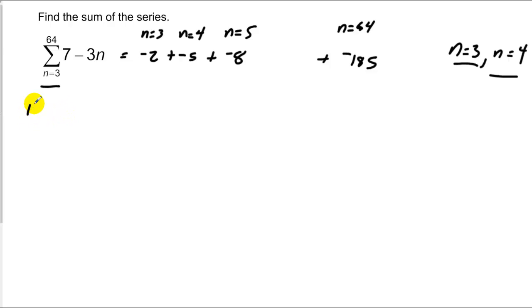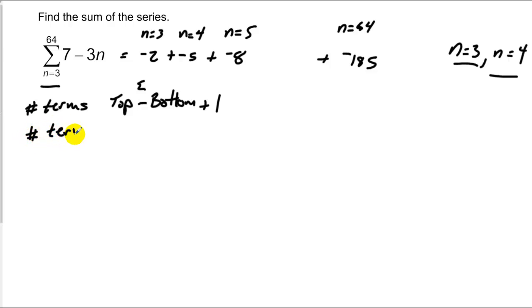The number of terms is actually the top minus the bottom of the sigma, and with 1 added to it. Because like I said, if we had n equals 3 and n equals 4, there's two terms, 4 minus 3 plus 1. So in this case, number of terms is going to equal 64 minus 3 plus 1. So in this case, we've got a total of 62 terms.